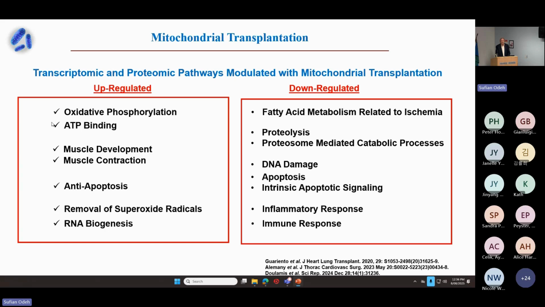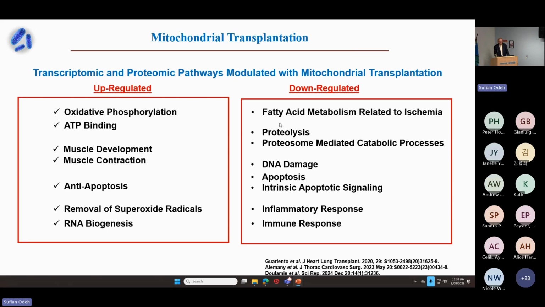Upregulated mitochondrial pathways for oxidative phosphorylation, which we show, ATP binding, muscle development and muscle contraction, anti-apoptosis, which I already showed you, we get decreased cell death in there, removal of superoxide radicals, which decreases the ROS, and RNA biogenesis. The RNA biogenesis would be for the transcription of the protein, translation of the proteins.